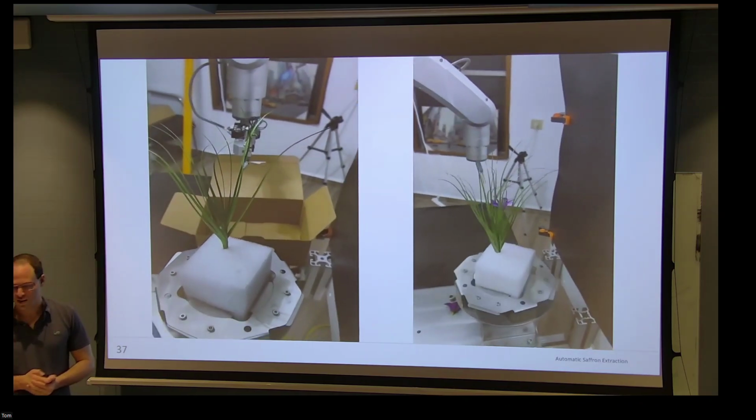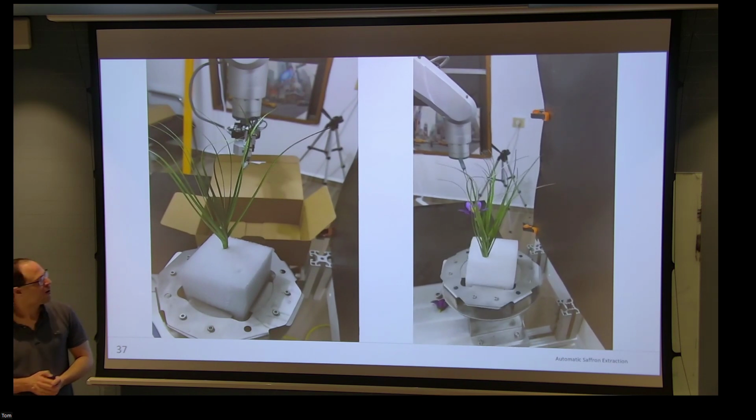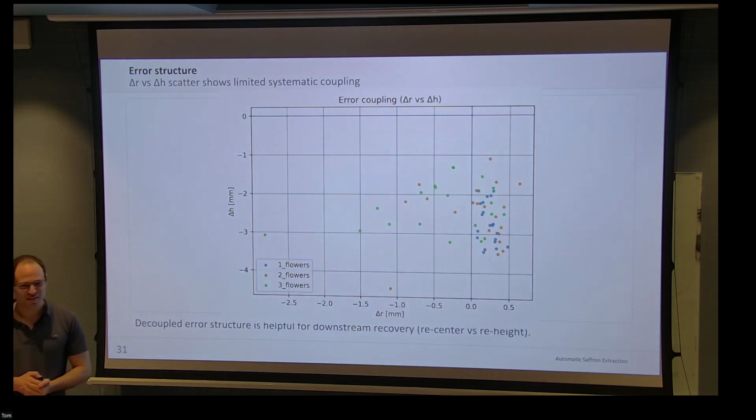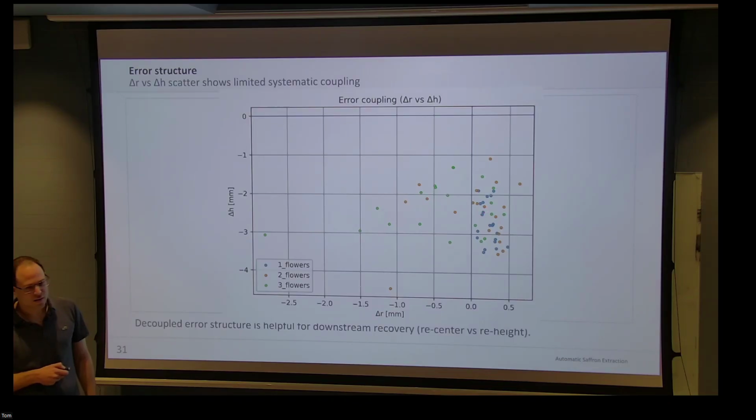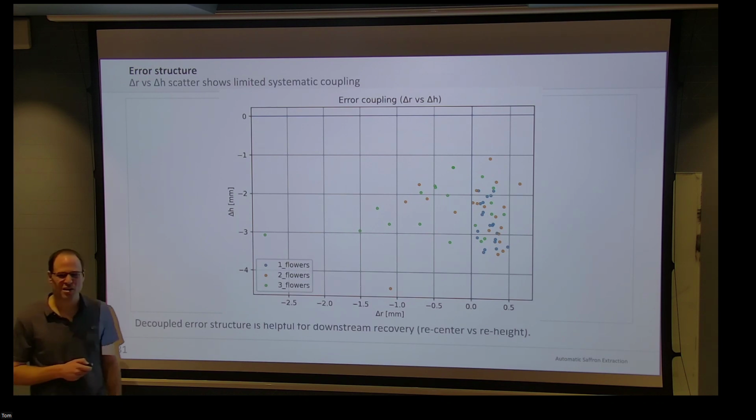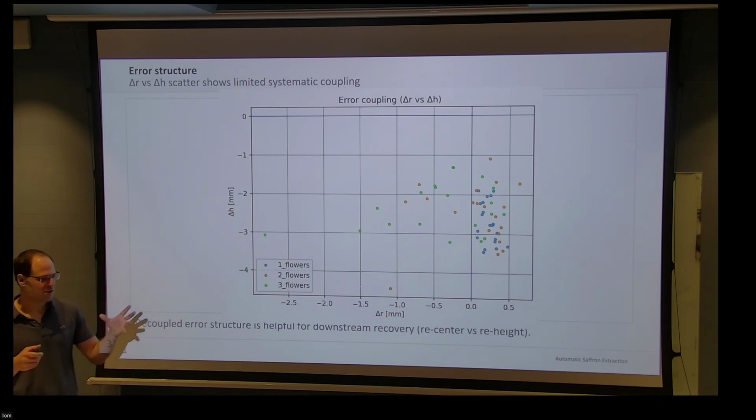Also, why is there a bias in your estimates? Can you go back to the scatter plot of the three types? Yeah, this one. You see, like for one flower, there's a bias. It's always positive, right? The delta R. Like you're overestimating the radius or something. Why? Yeah, a little bit. I prefer to take a lower point instead of touching the flower and making the picking.